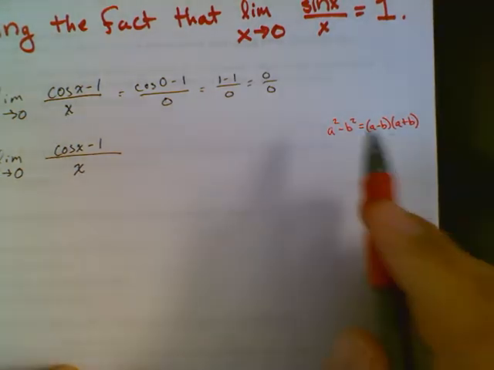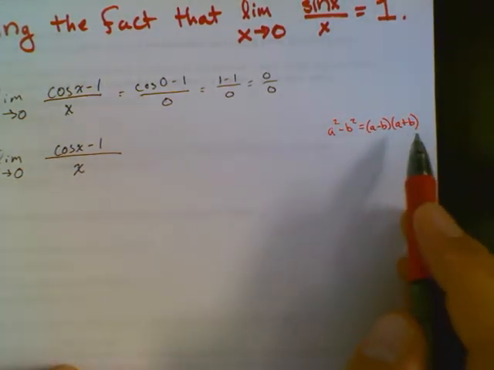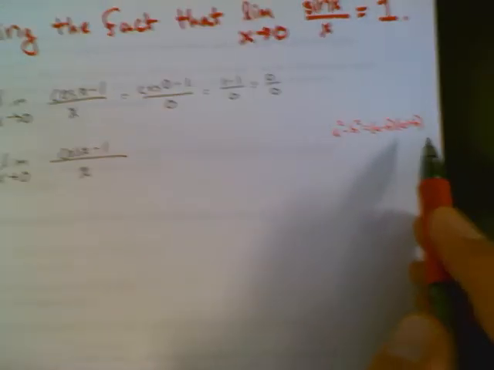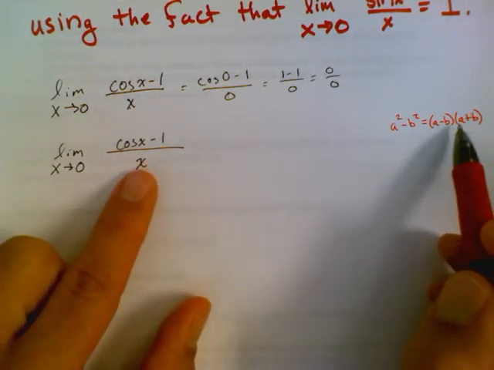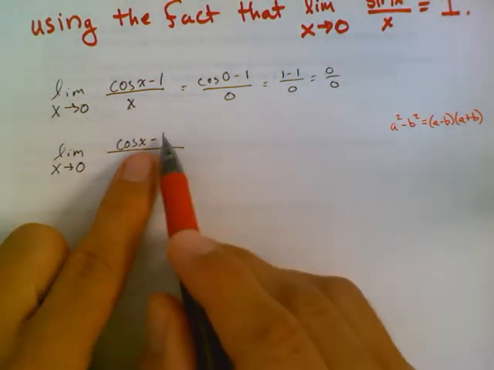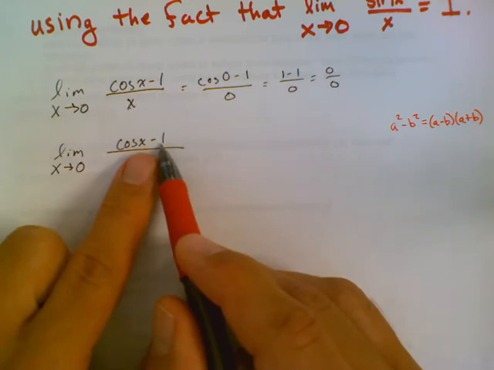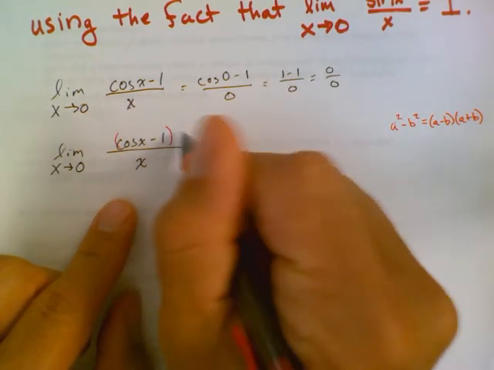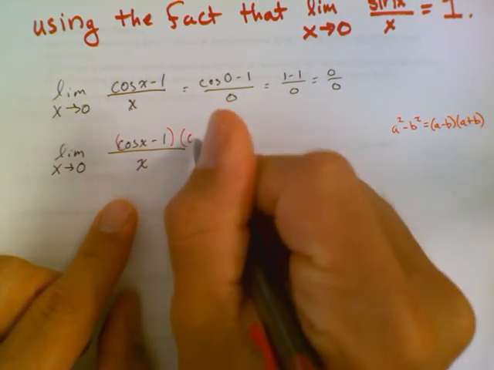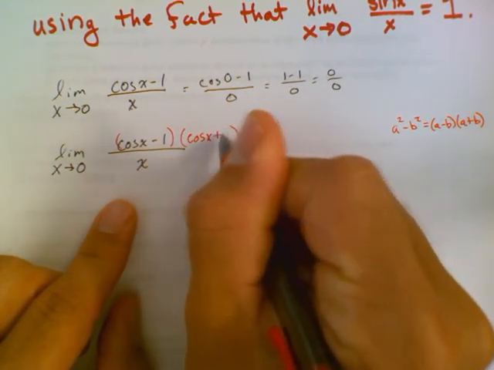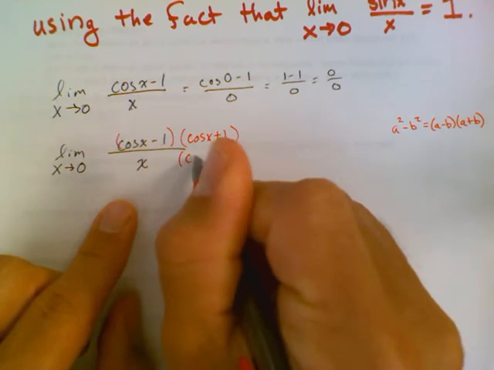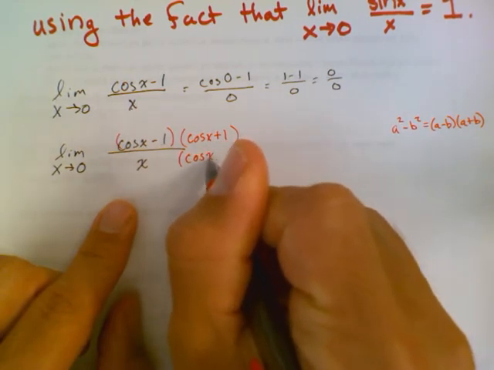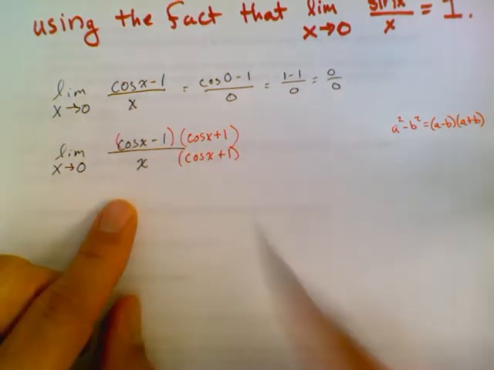That's our difference of squares factoring, and let's use it backwards. We have a minus b written right here, so what would I multiply by? Exactly, cosine x plus 1. And if I multiply by cosine x plus 1 on top, I have to do it on the denominator as well.